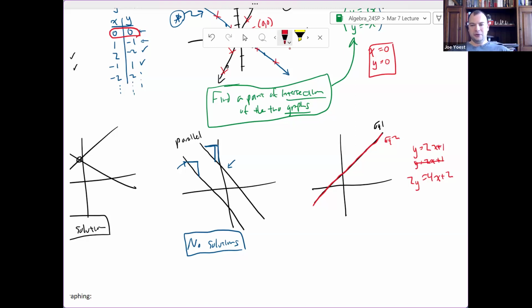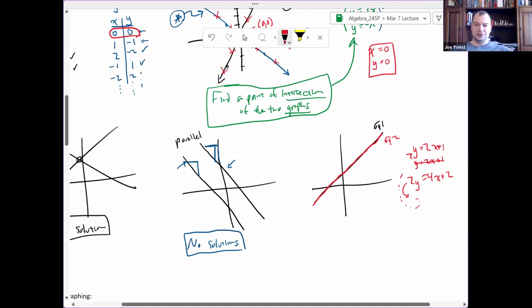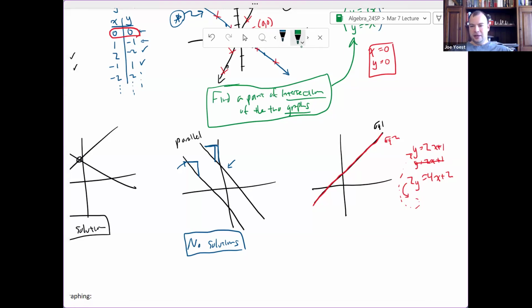I know I can get an equivalent equation by dividing both sides by 2, and that would just give me my original equation. So these two equations are essentially the same equation from a graphing standpoint, or from a solution standpoint for that matter. And here I can say that any ordered pair that's on equation 1's line is also going to be on equation 2's line.